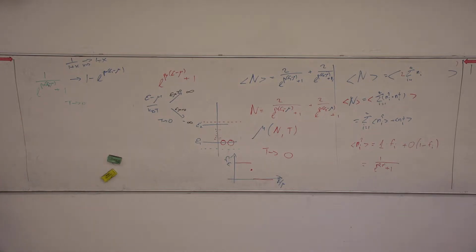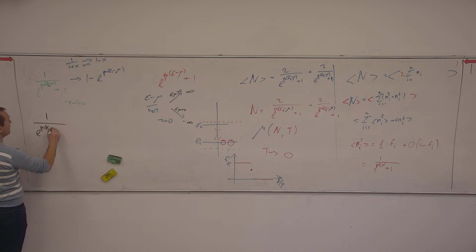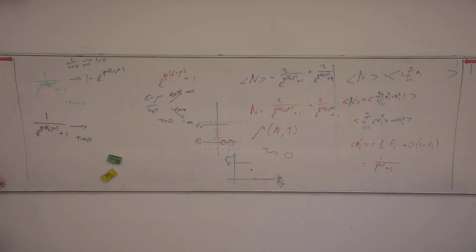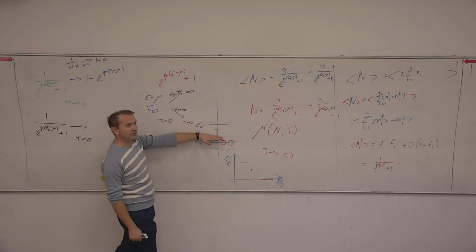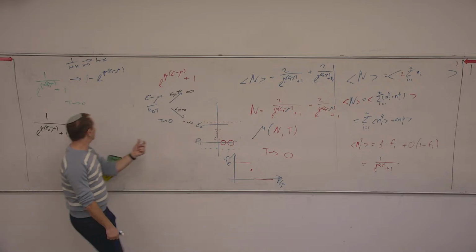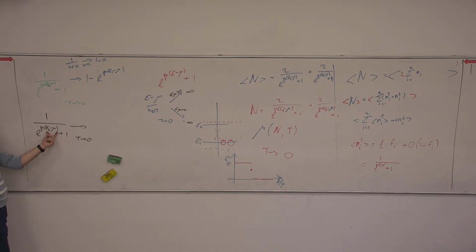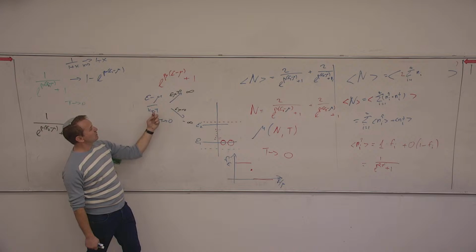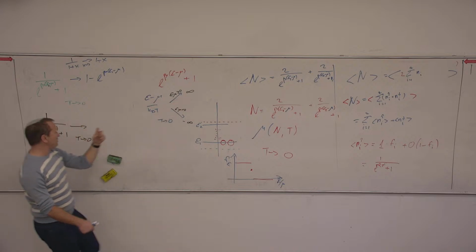Now, the other limit, when we have e to the power beta epsilon 2 minus mu plus 1, in the t goes to 0 limit. We know epsilon 2 minus mu is larger than 0, because we assume that mu is somewhere over here. So we're looking at this limit: epsilon minus mu divided by k Boltzmann t goes to infinity.